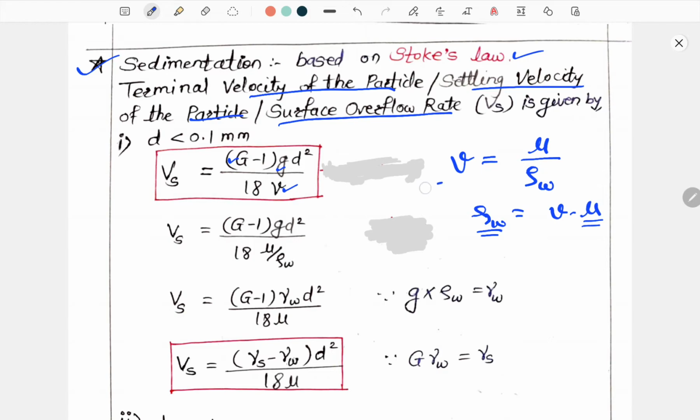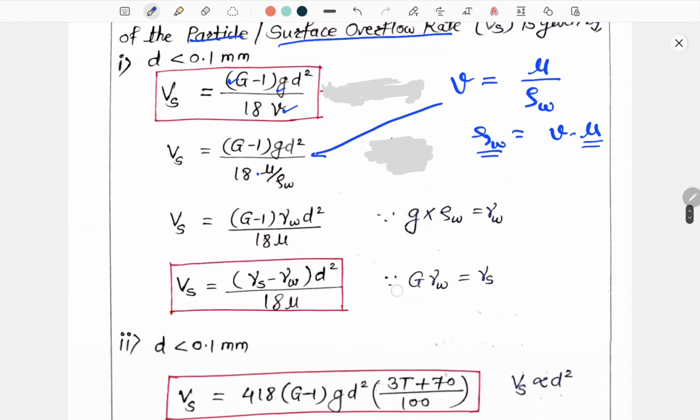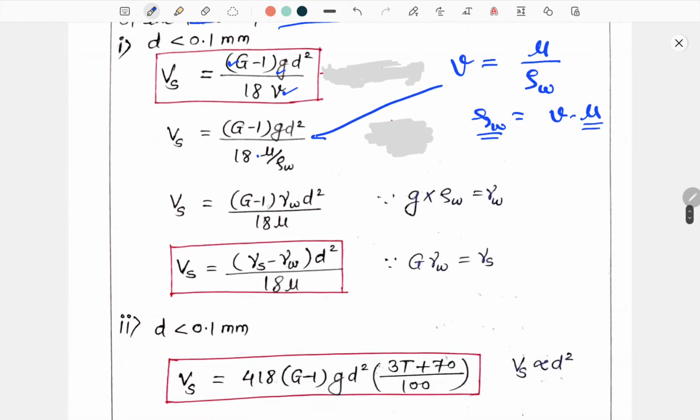So we get the formula Vs = (G - 1) g d² / (18 μ / ρw). So it becomes (G - 1) γw d² / 18μ, because here γw = g ρw. Gamma w is the unit weight of water.